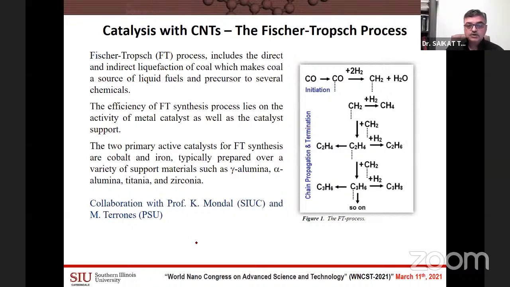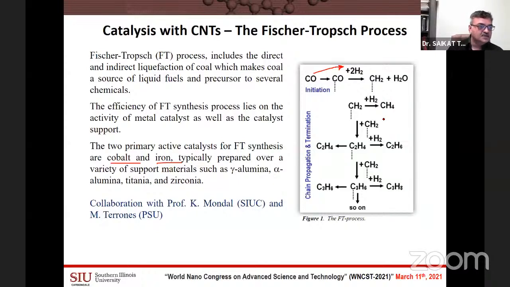You can load catalysts. Typically in the Fischer-Tropsch process, iron is the primary catalyst, or cobalt, and this is how you initiate. It's basically carbon monoxide and hydrogen, a mix of which is known as syngas.